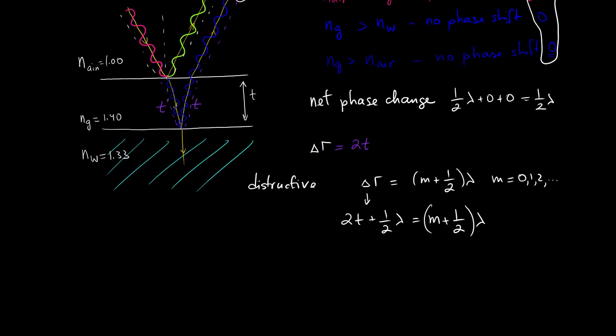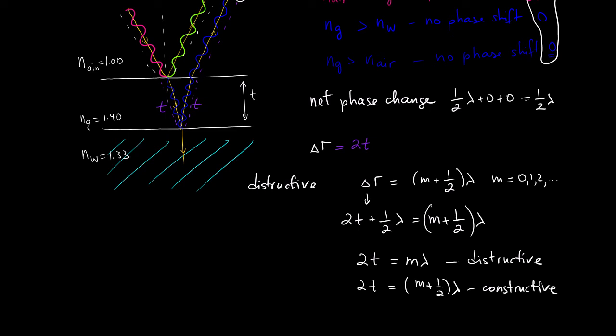If we simplify this equation, we get 2t equals m lambda. So for a thin film, 2t equals m lambda will be the destructive interference. And similar analysis will bring us to 2t equals (m plus 1/2) lambda for constructive interference.